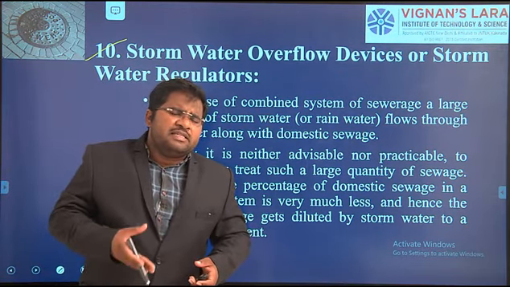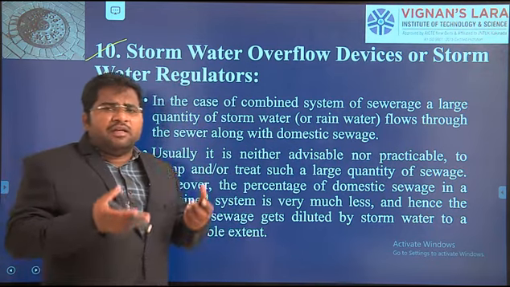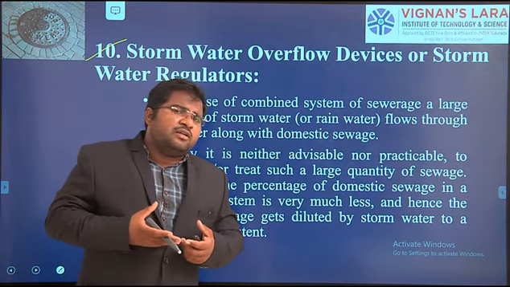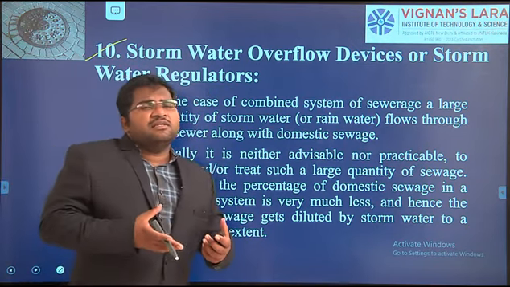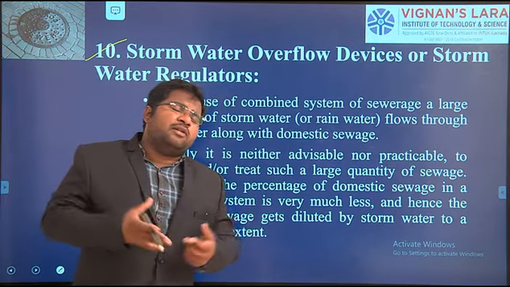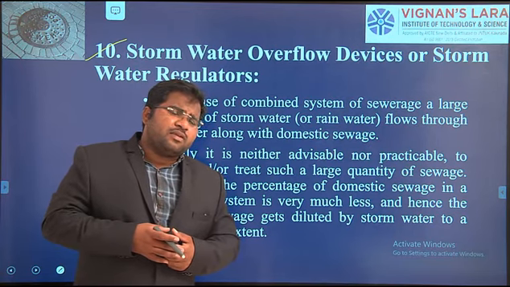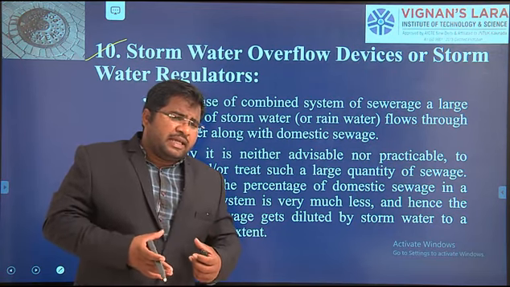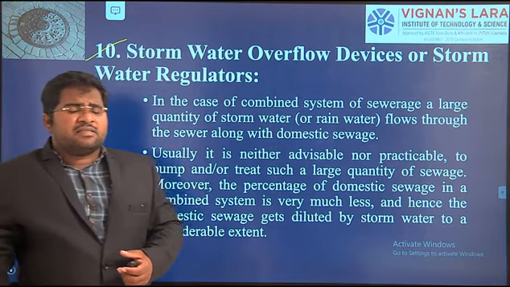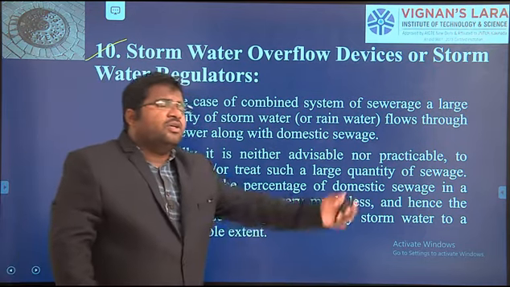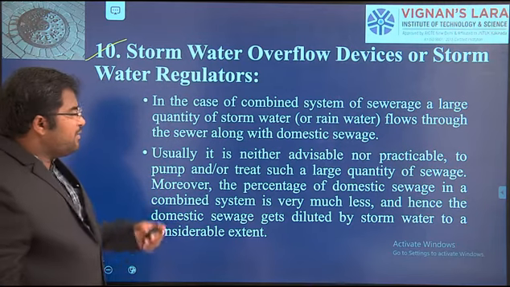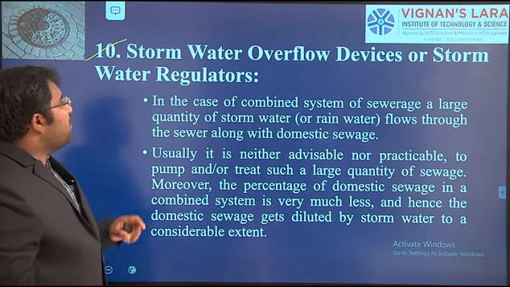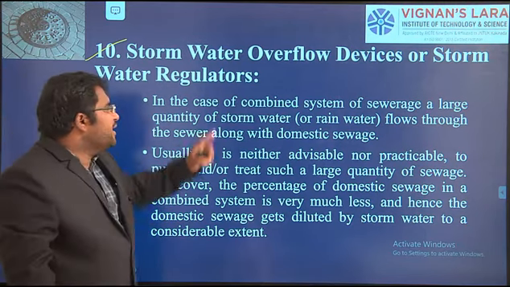Whenever there is heavy rainfall, we will get heavy runoff, and the present sewer line may not be able to carry all the stormwater. To take that excess stormwater and dispose of it into the nearby stream or river, we need a component called a stormwater overflow device or stormwater regulator.